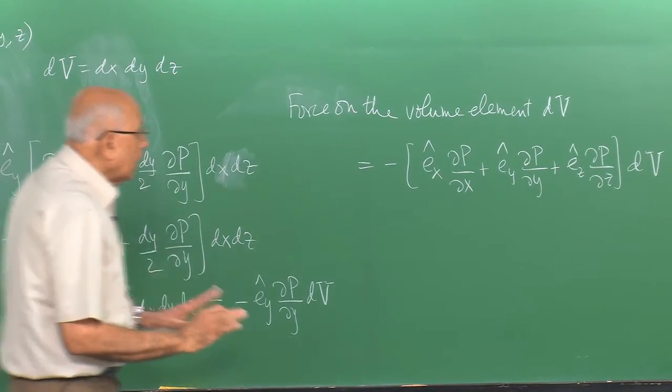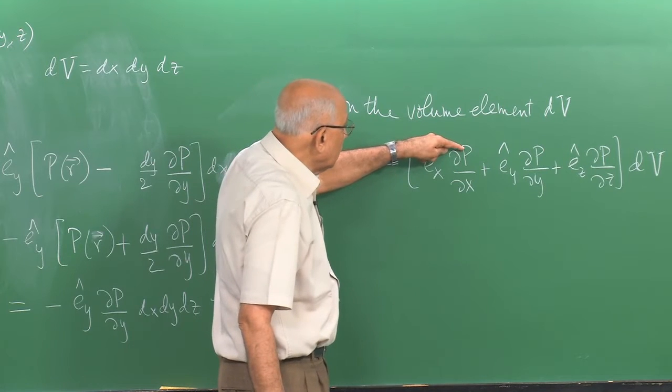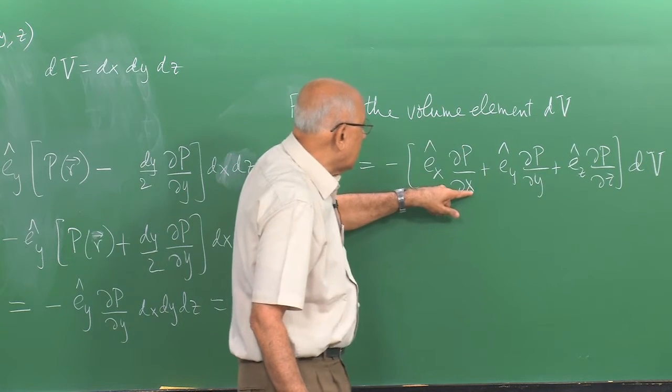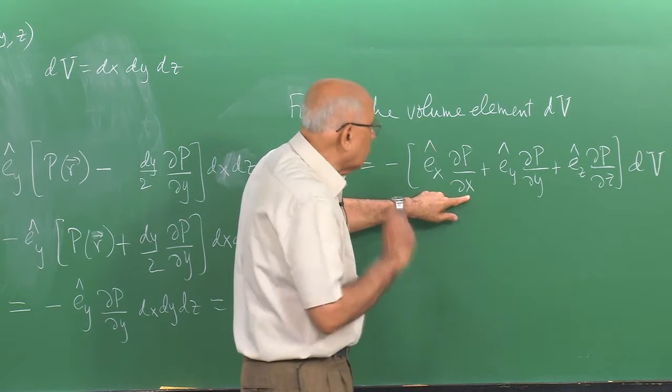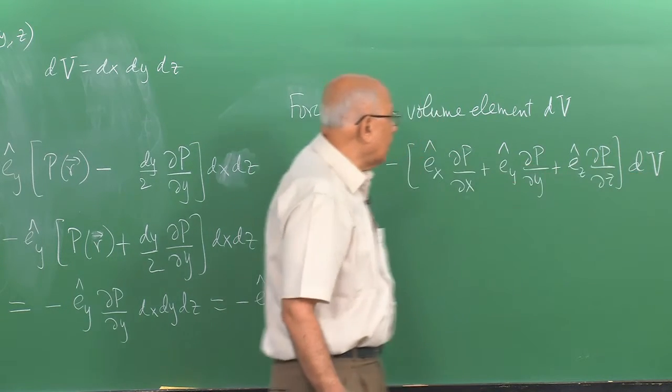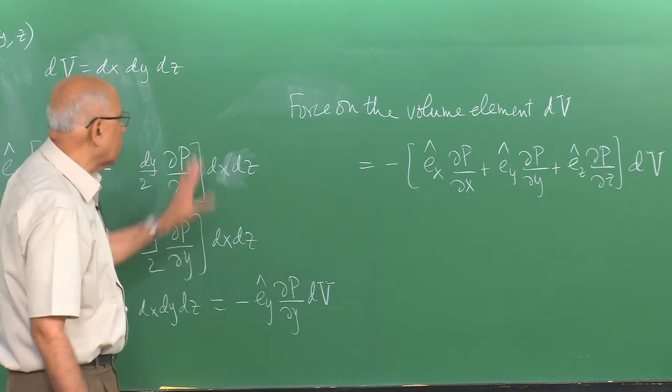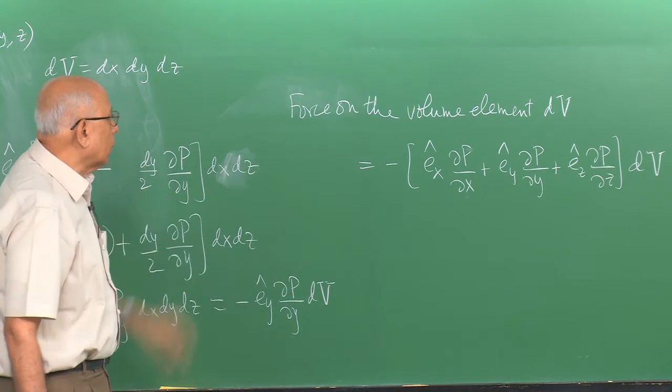Physical dimensions are okay because this is force per unit volume, and this here is a gradient of force per unit area, which gives you 1 over length once again, multiplied by a volume element gives you a force. So, this quantity is the force on the volume element dV.